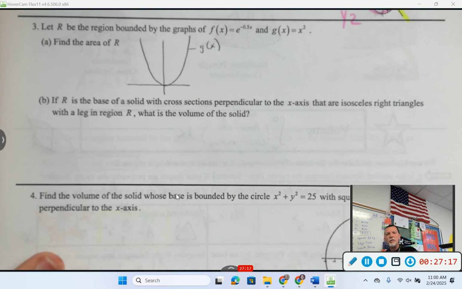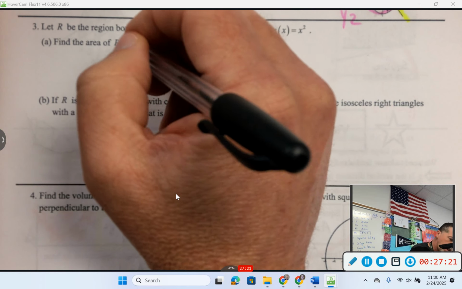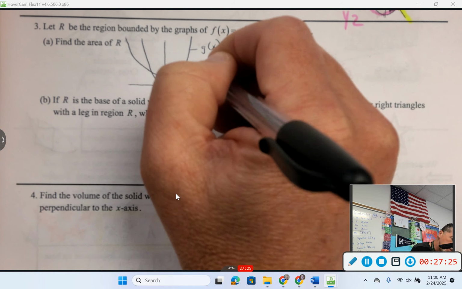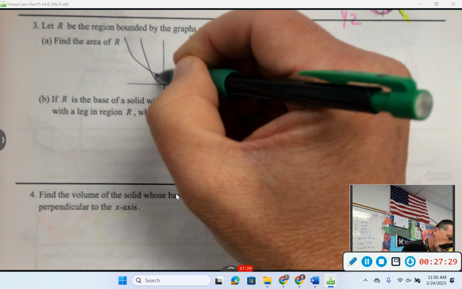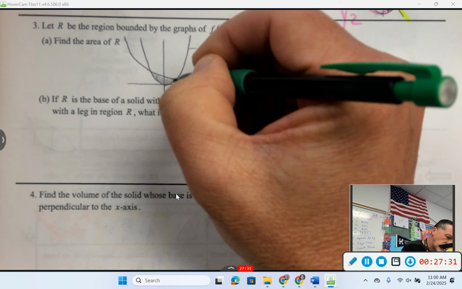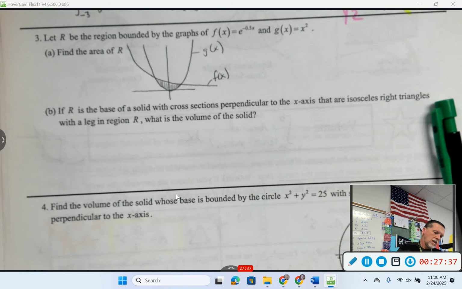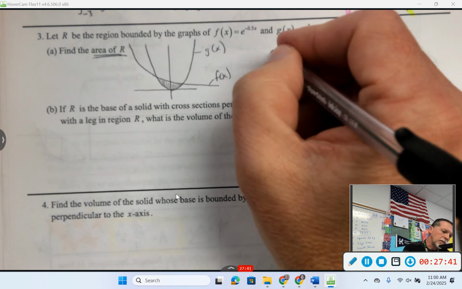And in the interest of time, you can trust me on what the other one looks like. So there's that base area. Find the area of R. Oh, that's not even a volume problem.